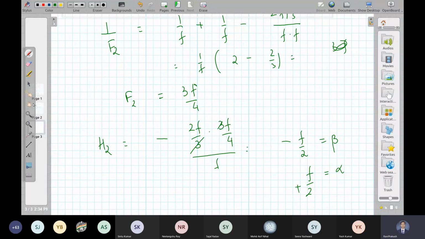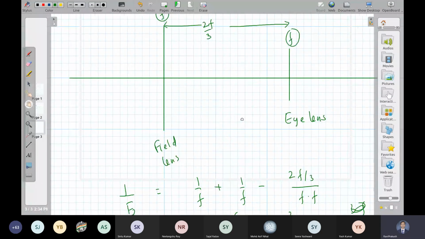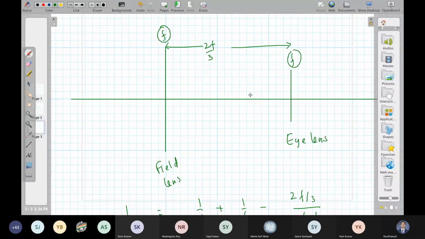Mark all the points. So f/2 will be not in between, but first mark h2. h2 is, let us see here. How many units? 1, 2, 3, 4, 5, 6, 7, 8, 9, 10, 11. Let's make it 12. Okay. So this is h2.